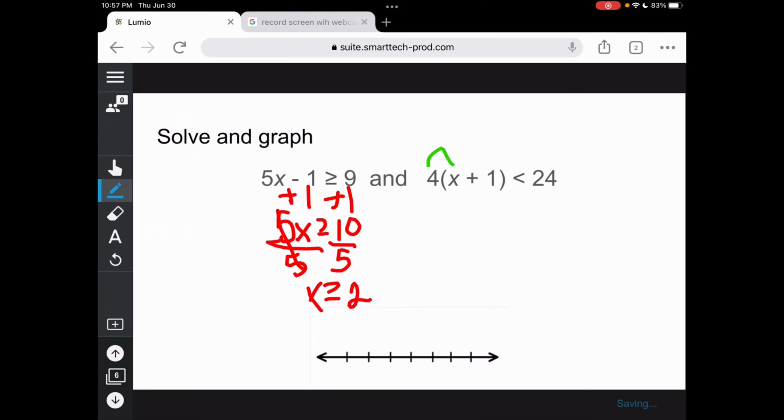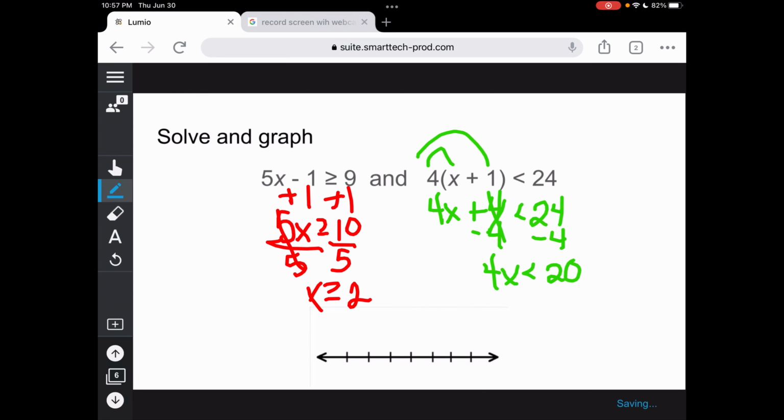Distributive property: 4 times x plus 1 is 4x plus 4, that's going to be less than 24. Let's subtract 4. Cross out. 4x is less than 20. Divide by 4. And x is less than 5.